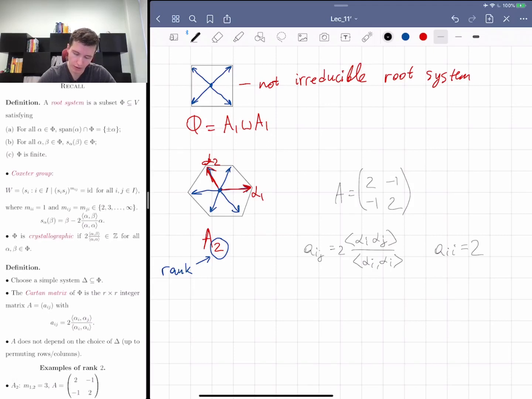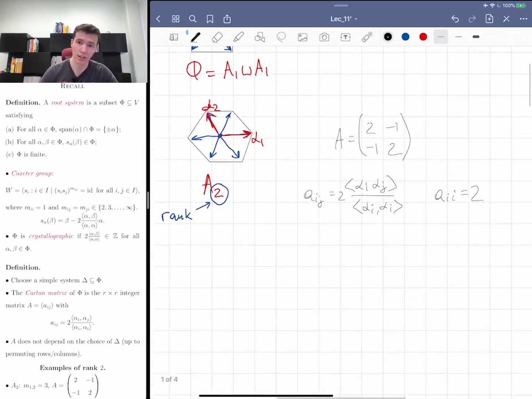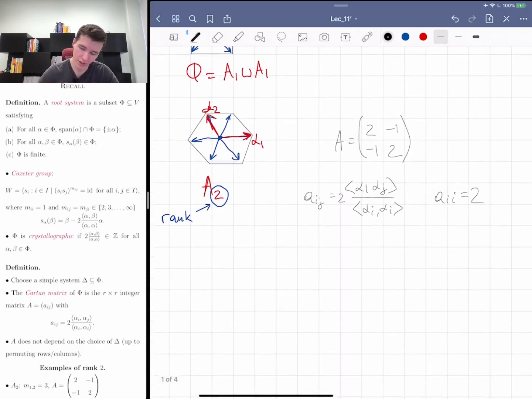Now, instead of trying the hexagon, I'm going to ramp it up and try the regular octagon. So that is a root system, but there is a problem with this example.